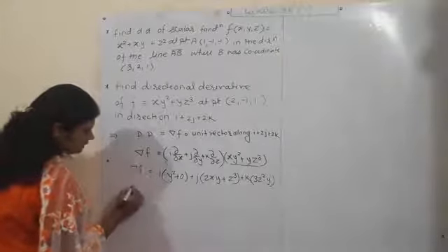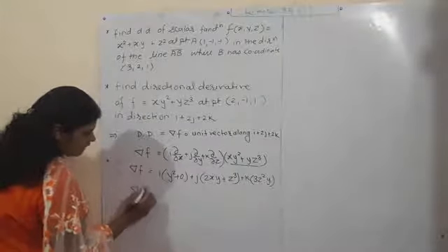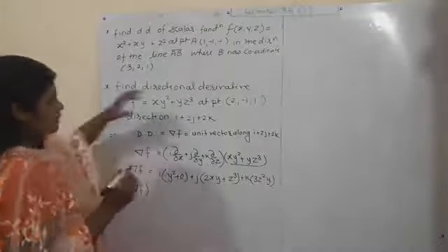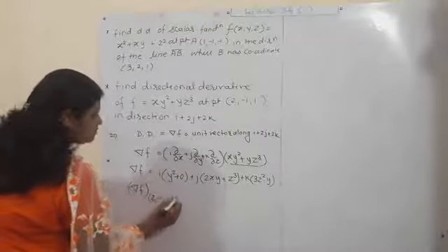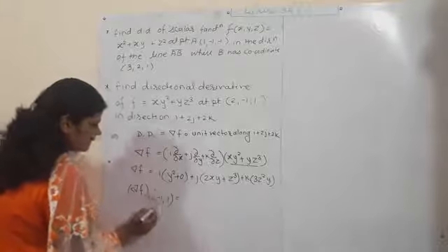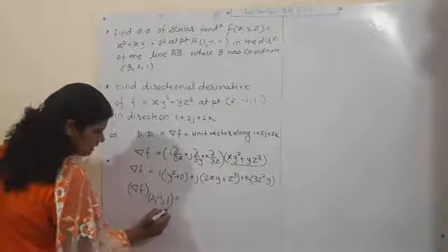And now we have to find that grad of f at a particular point. That point is nothing but 2, minus 1, 1. So we put those values of x, y, and z.